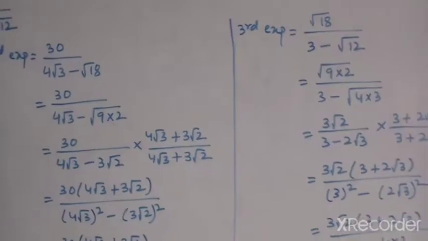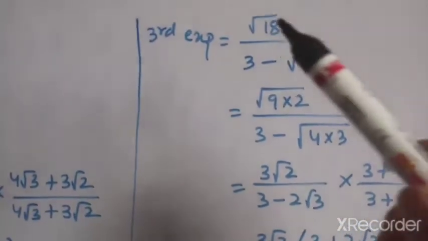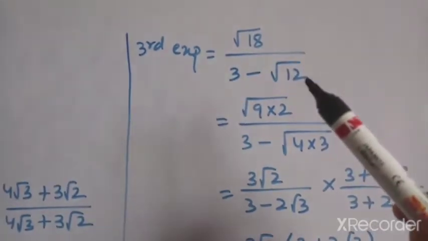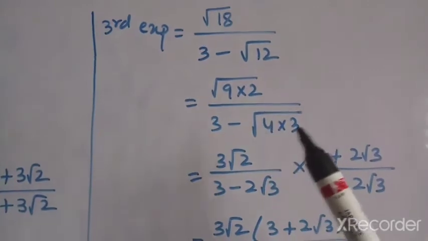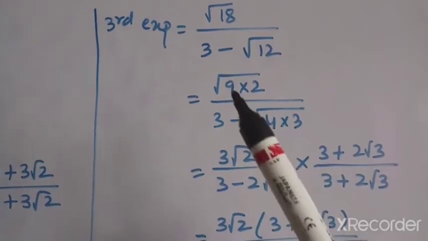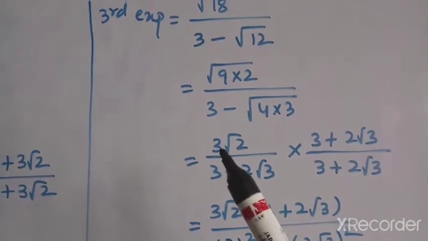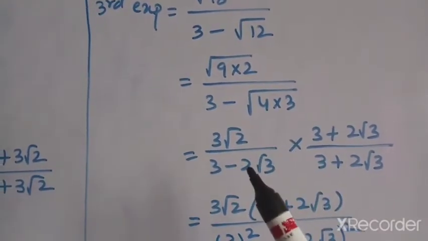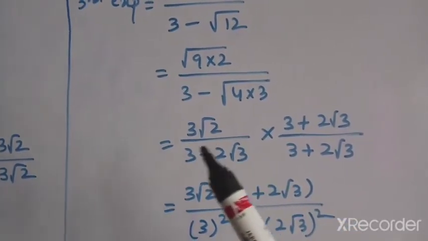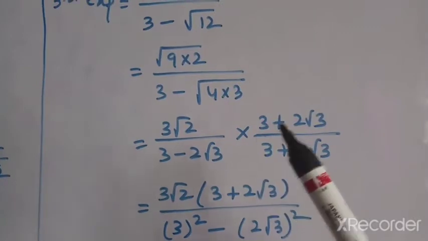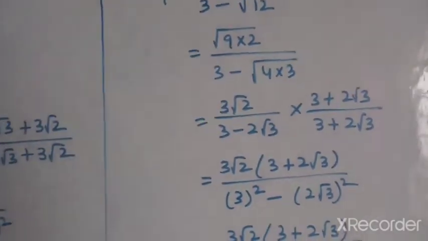Now we move on to the third expression. Here also you can see you got root 18 and root 12. Root 18 means 9 twos are 18 and 12 means 4 threes are 12, and these are perfect square numbers. So this will come out as 3 root 2 and this will come out as 2. Root 4 means 2 root 3. Now its conjugate will be 3 plus 2 root 3 by 3 plus 2 root 3. So we need to multiply and divide by its conjugate.